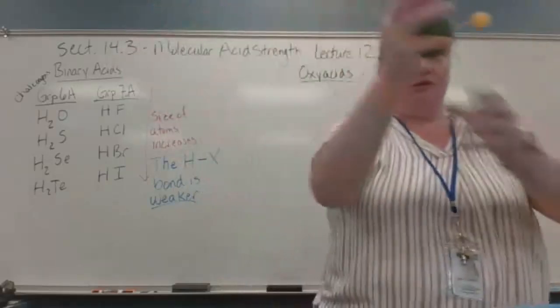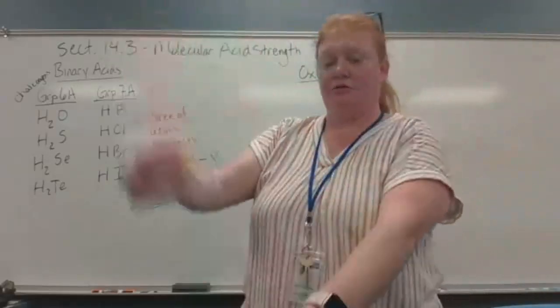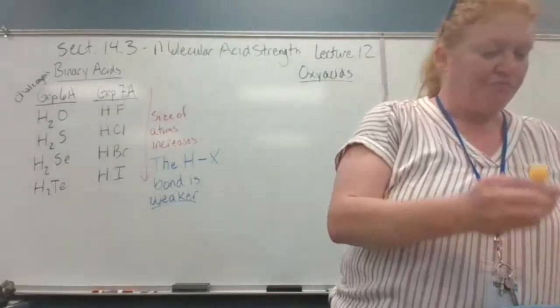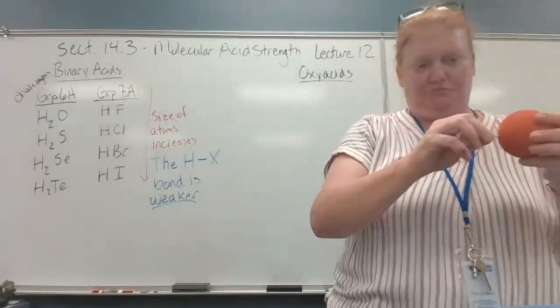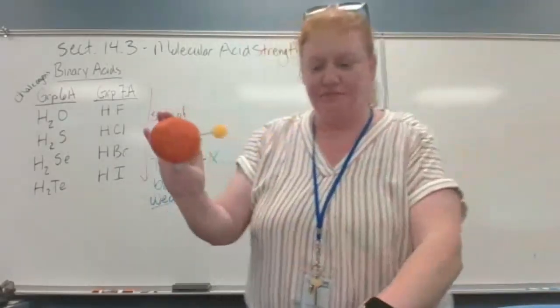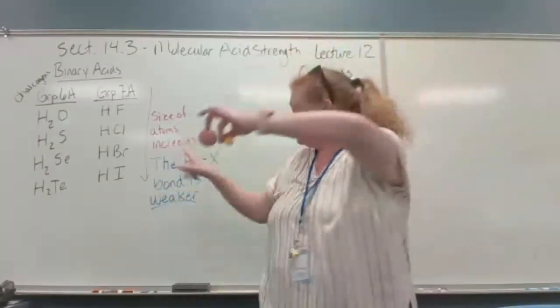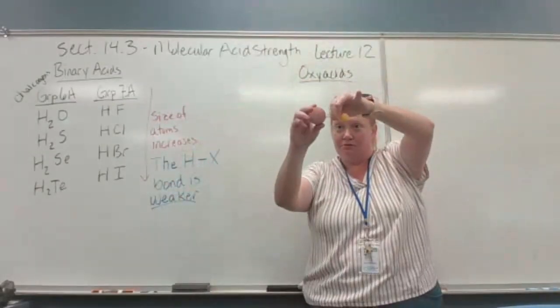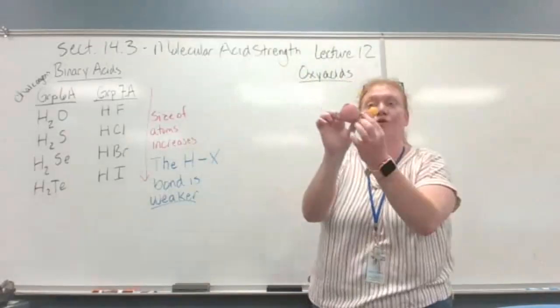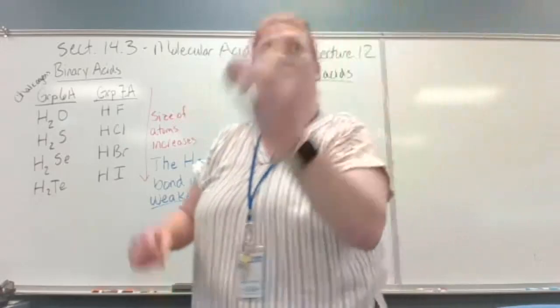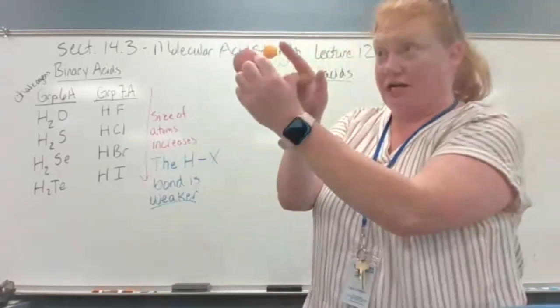Let's look at these 3 little illustrations. I'm telling you that when this is small, it hangs on really tightly to that H. There's a whole lot of attraction right here.